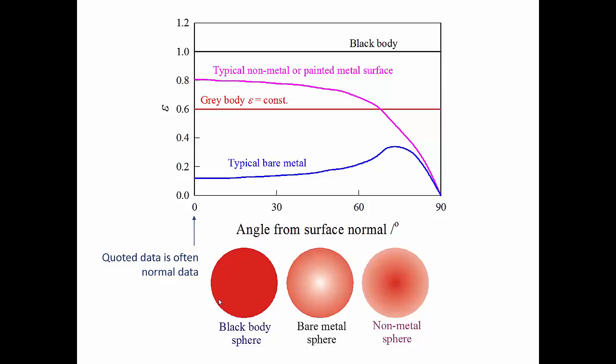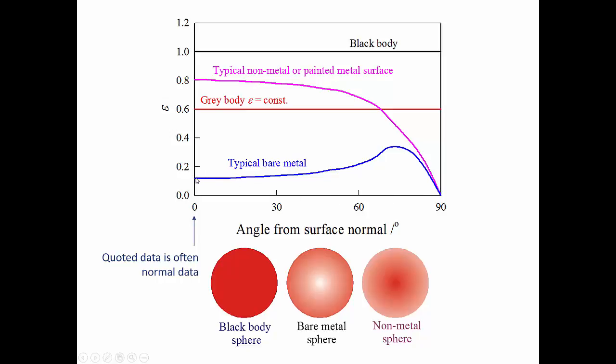What I've shown on this slide is how the emissivity varies with the angle from the surface normal for a black body, where things look uniform in all directions. For a grey body, we have just said that epsilon will be taken as a constant, and then a typical non-metal or painted metal surface has an emissivity that tends to be high close to the normal, and then drops off as you go to angles approaching 90 degrees.